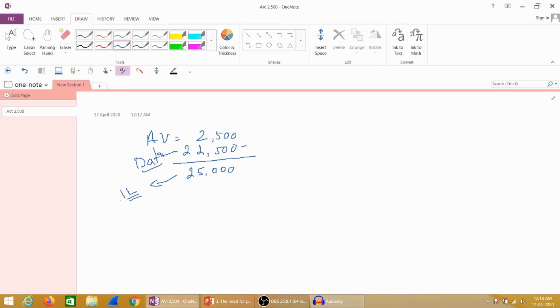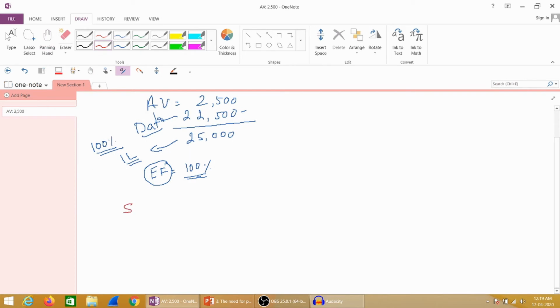Suppose if this laptop is lost, you lost 100%. This is the exposure factor. So exposure factor is 100% if you lose a laptop. And it is not 25,000 rupees, it is the percentage. Exposure factor is always mentioned as a percentage. Now, the single loss of expectancy, SLE, is nothing but the single loss.